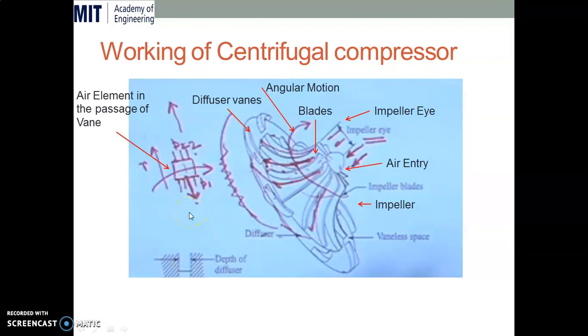It's just like the vortex flow principle. So there is a rise in pressure, and due to the centrifugal action, the centrifugal force, we get compressed air at the outlet. That's why this device is called a centrifugal compressor.